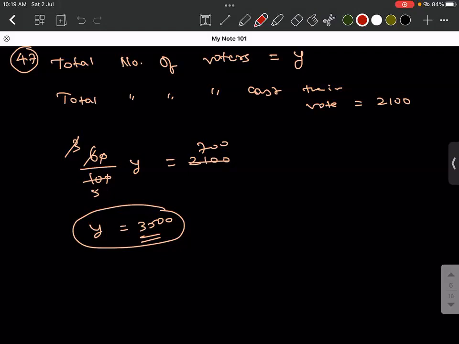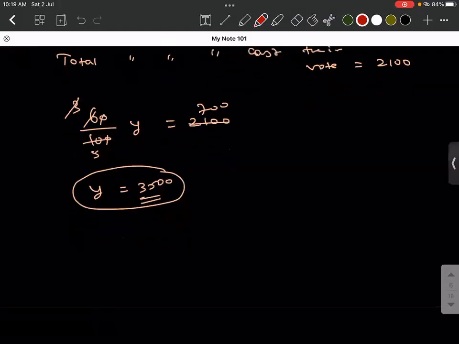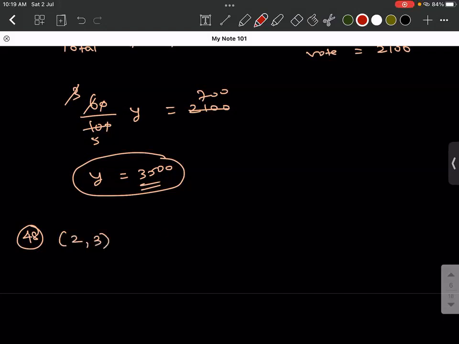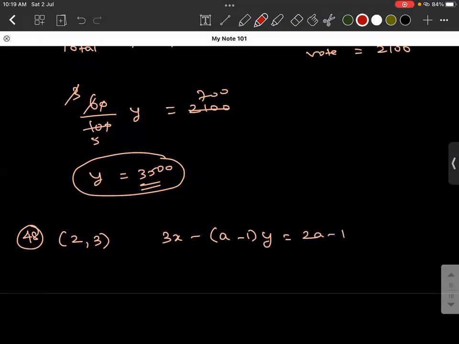Go to the next, 48. See, 3x minus (a minus 1) times y. So you need to find the value of a.